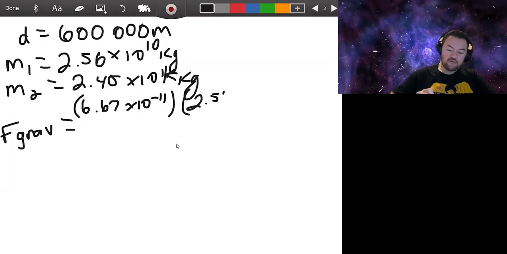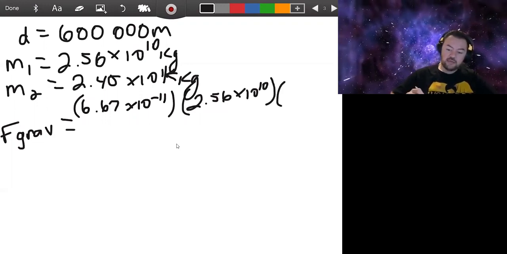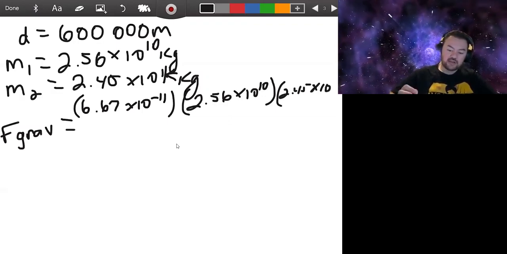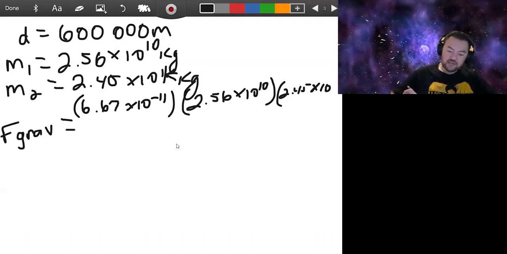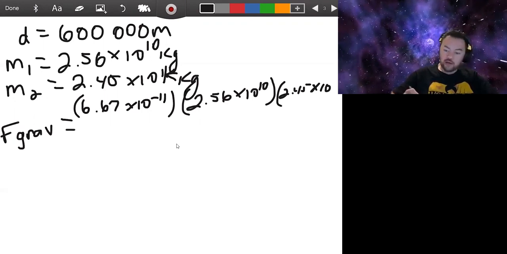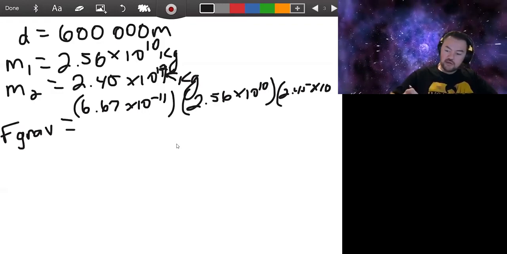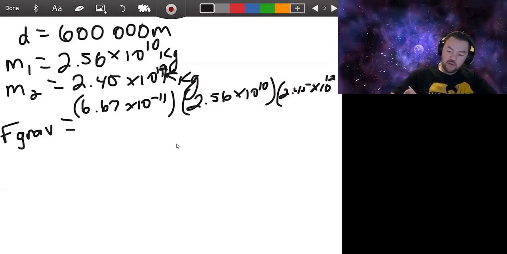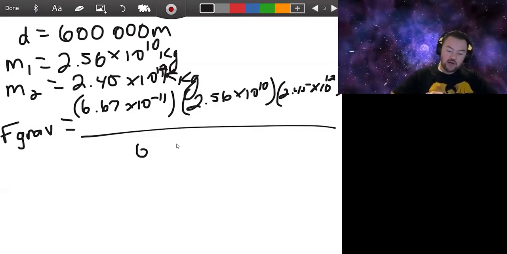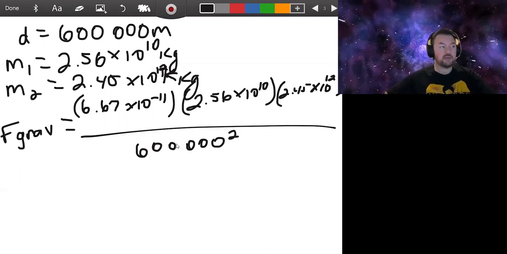First one, 2.56 times 10 to the 10th, and then multiply that by 2.45 times 10 to the 12th power. And then we're going to divide by the distance squared, 600,000. Should have put that into scientific notation to make my life easier.